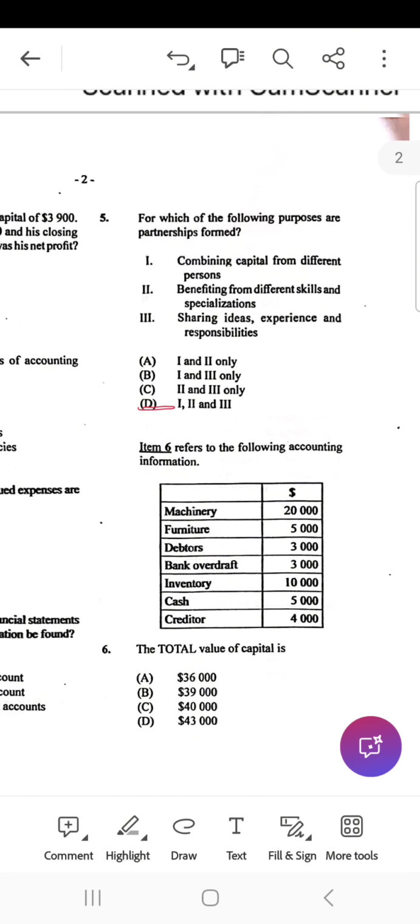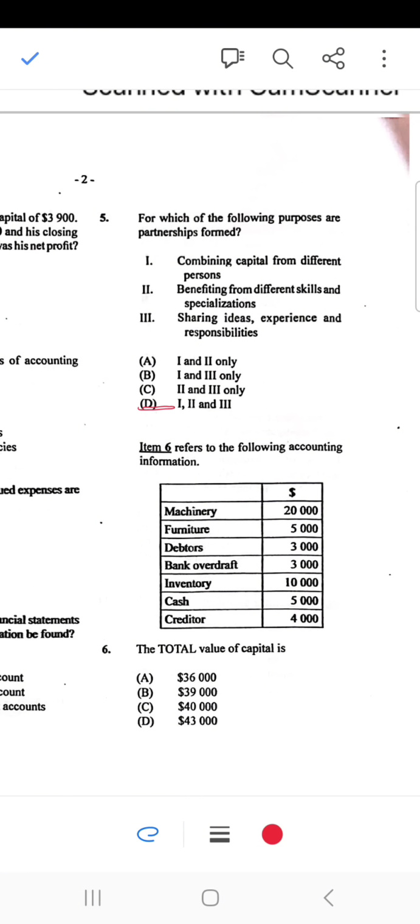So we use the accounting equation, assets take away liabilities are equal to capital. So our assets would be machinery, furniture, debtors, inventory, cash. So we add these figures up, 2,000 plus 5,000 plus 3,000, that's 28,000, plus 10,000, that's 38,000, plus 5,000, that's 43,000.